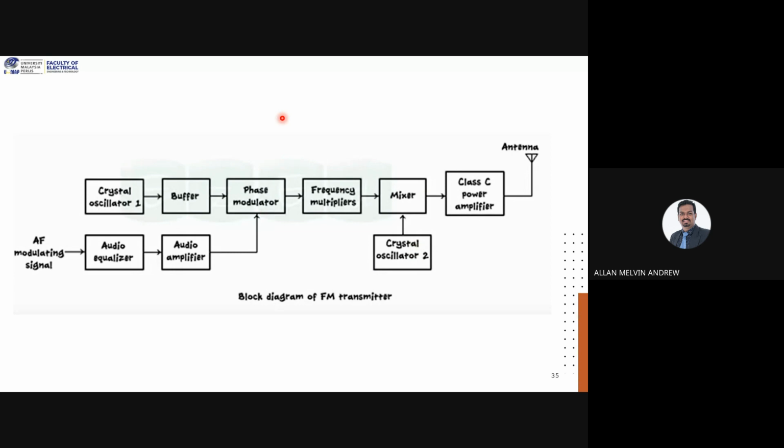This is the more complicated FM transmitter, and it will be transmitted to the antenna. Not all applications will have this. Maybe after phase modulation, it can have a simple class A power amplifier, then a class C power amplifier and an antenna. All these are additional.